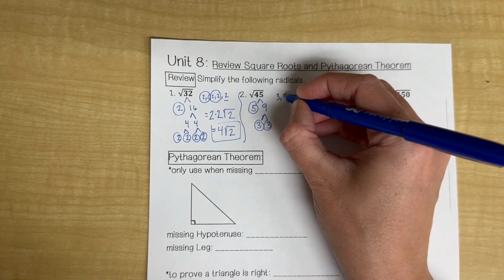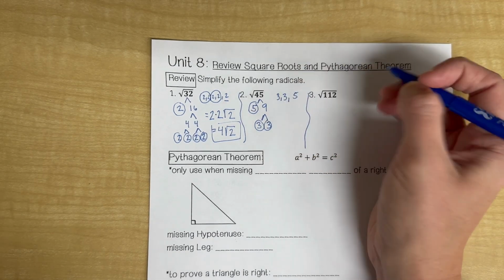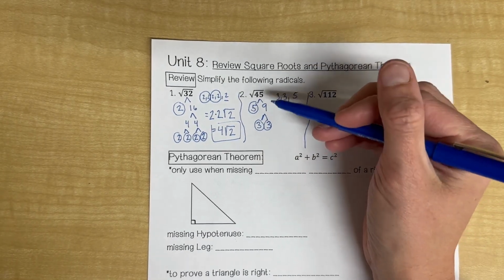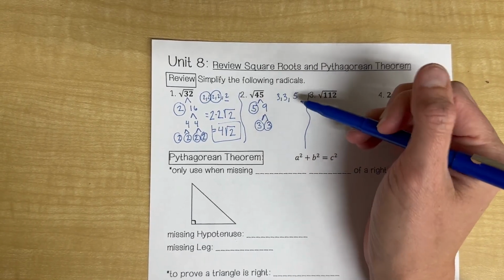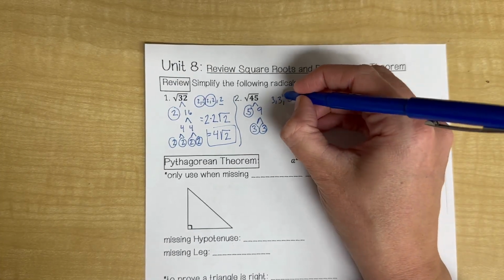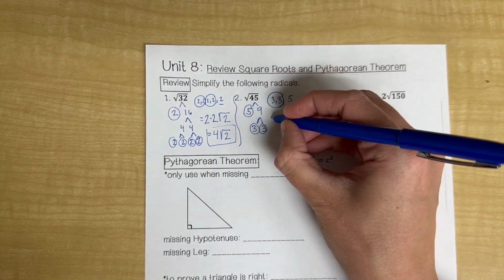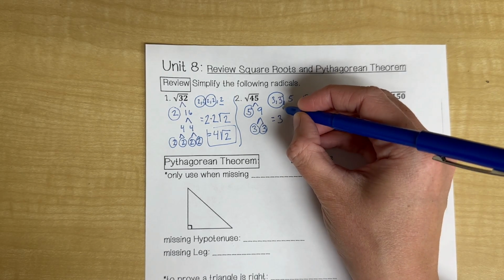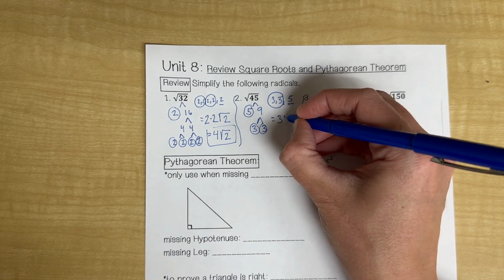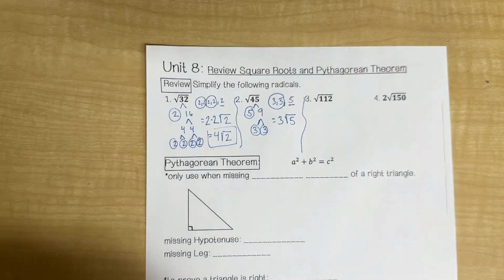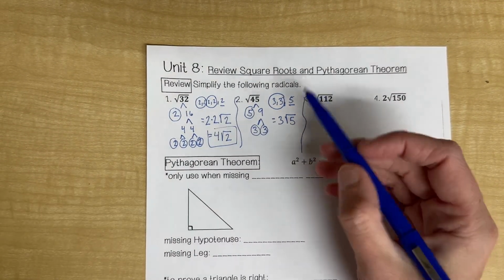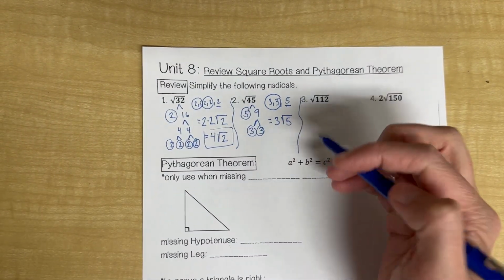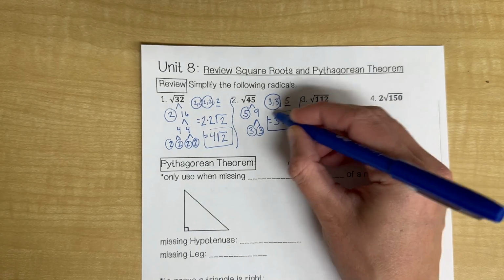So 3, 3, and 5. I like to go in order from smallest to greatest. So we had 2 threes and 1 five. These guys make a pair, so they put a 3 outside of the house. This guy doesn't have any friends, so he's staying home. There's nothing on the outside to multiply, and nothing on the inside to multiply, so you are done.